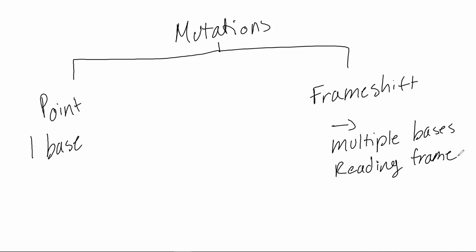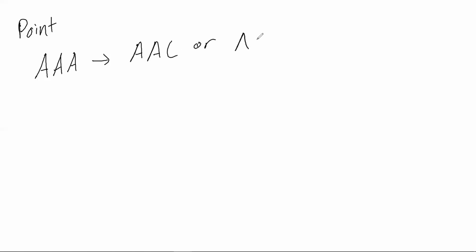So let's do point mutations first. There are three different varieties of point mutation, right? But let's go in depth into what a point mutation is. So say, for instance, your DNA strand is AAA. A point mutation will cause this AAA strand to become AAC, or ACA, or CAA, right?